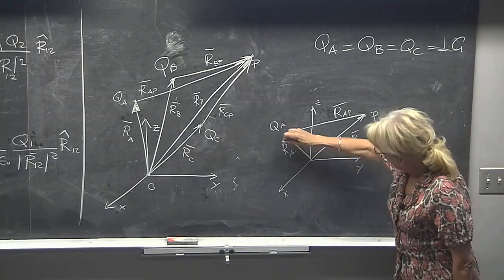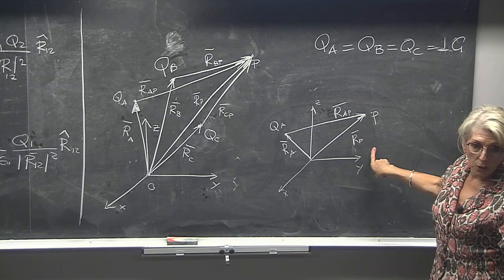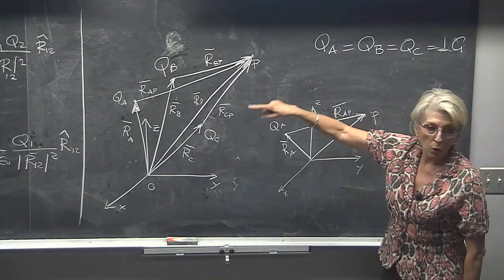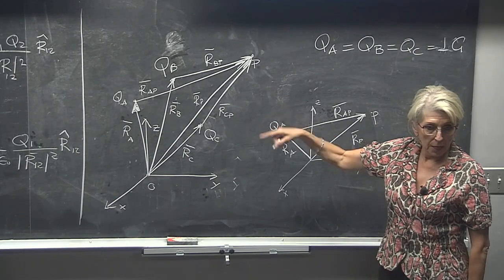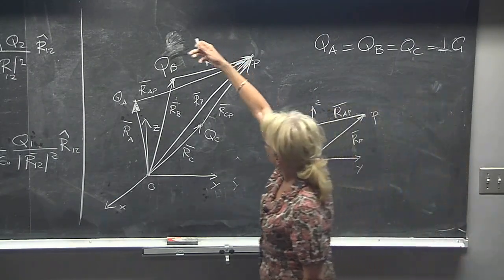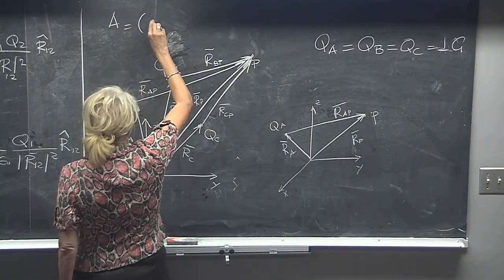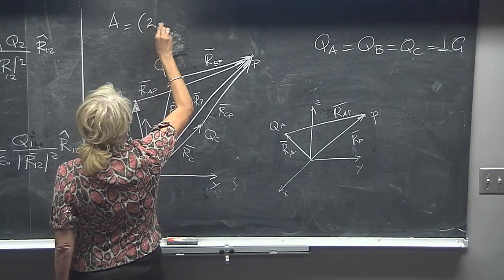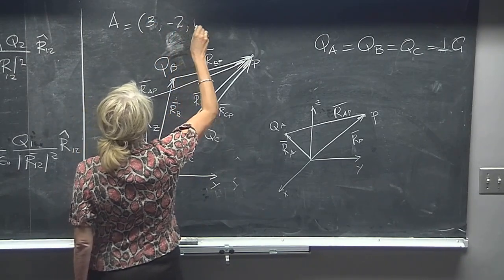I know RA, R sub A, I know R sub P. How do I know them? From the points I gave you, A, B, and C. All right? And how can I write this vector? For point A, if you remember, I said it was 3, minus 2, and 10.